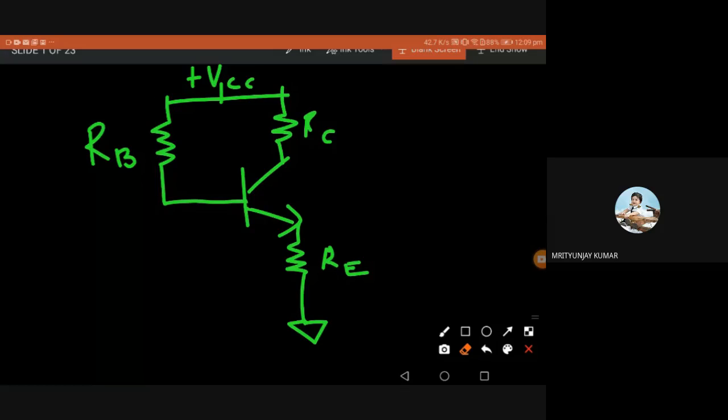So I just want you to see the circuit and think in your own mind how the feedback mechanism is working. One minute I'll give you, think yourself, and make sure you got the concept of feedback.